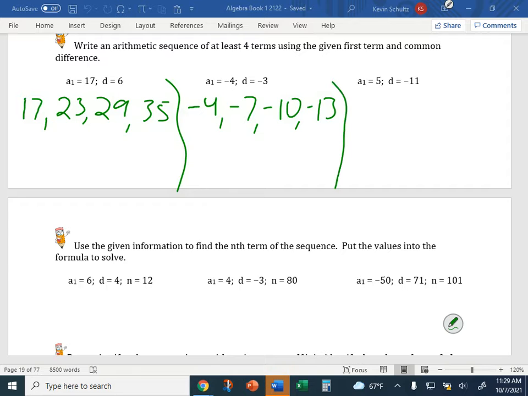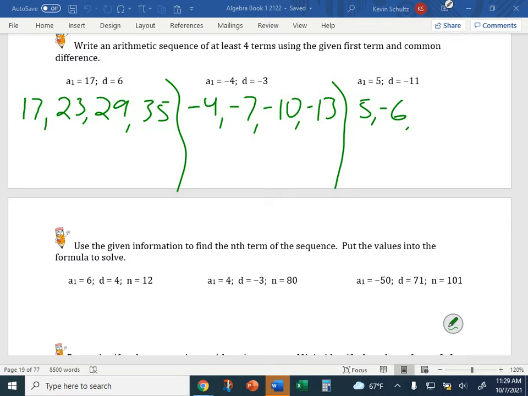-13. Okay. Last one, starting value of 5, a D of -11. What will come next in the pattern or in the sequence? Sasha? -6. We're subtracting 11.